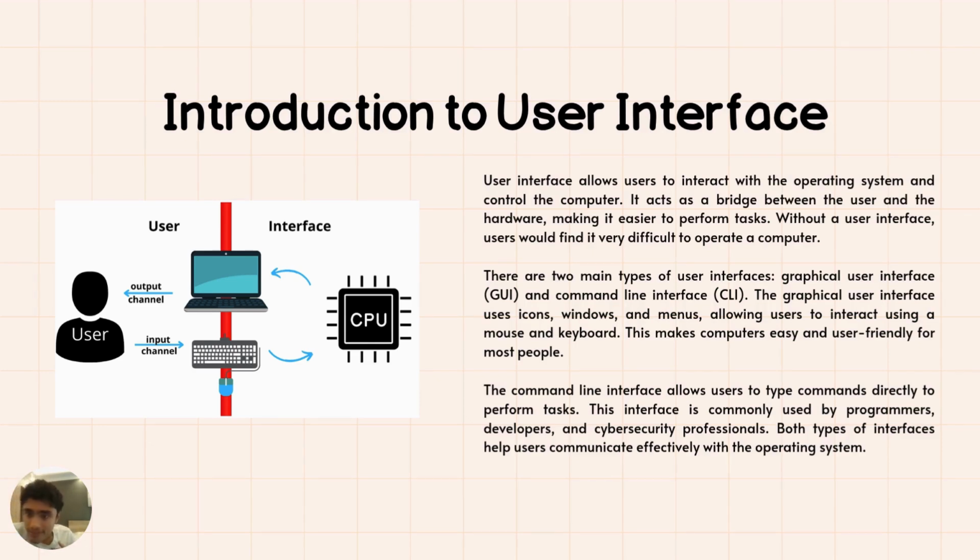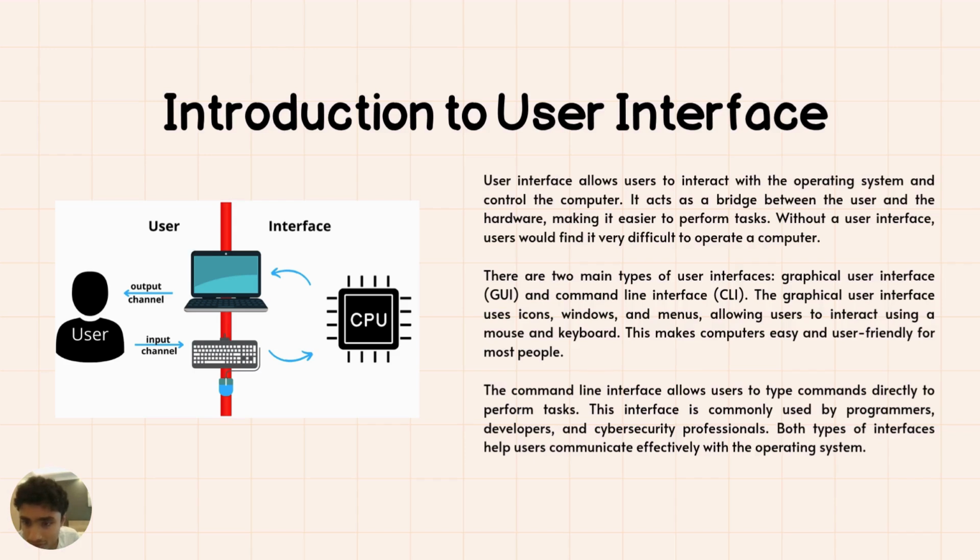So basically there are two types of user interface. You've got the graphical user interface, which is your GUI, and you've got the command line interface, which is a CLI. The graphical user interface uses icons, windows, menus, and buttons, which makes it easy for users like you to navigate the entire system using just a touchpad, a touch screen, or a mouse.